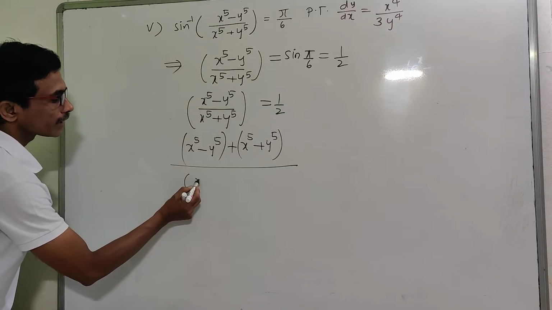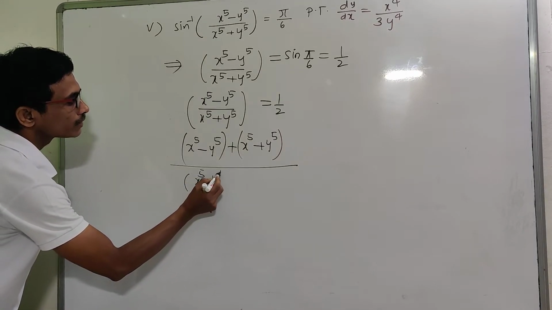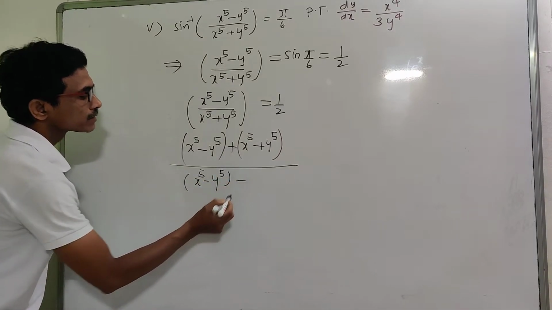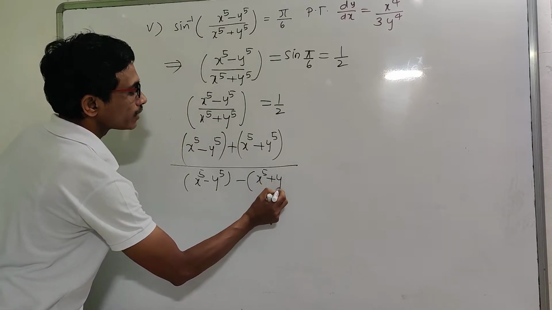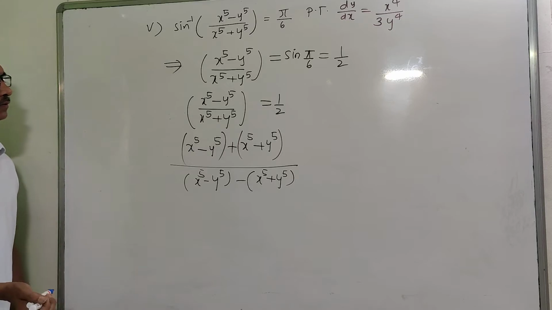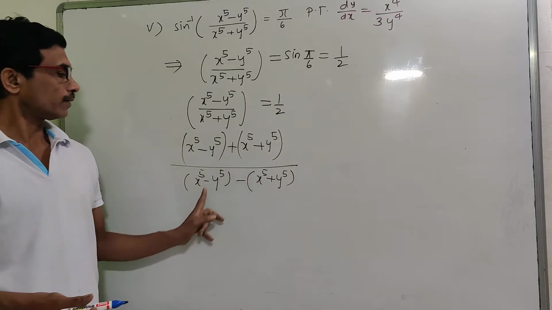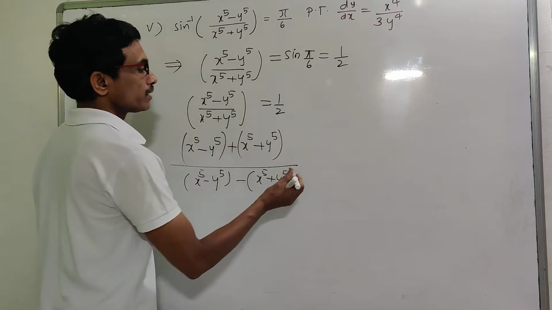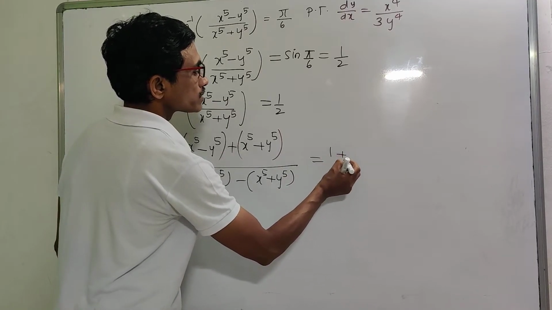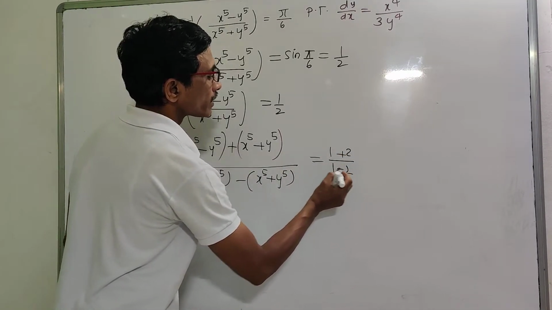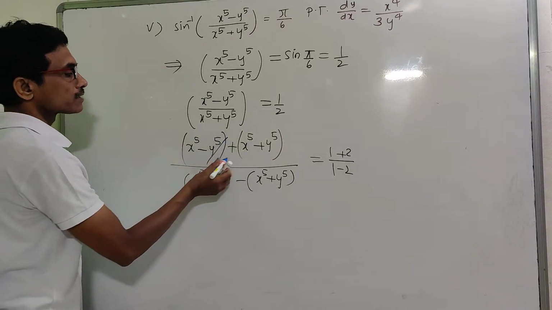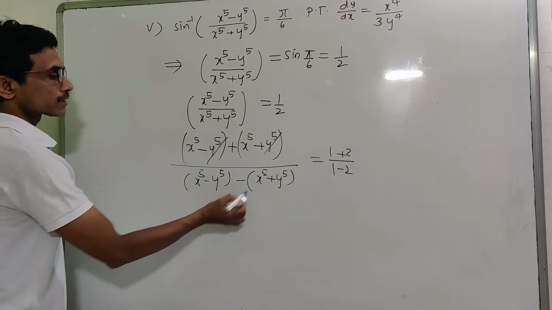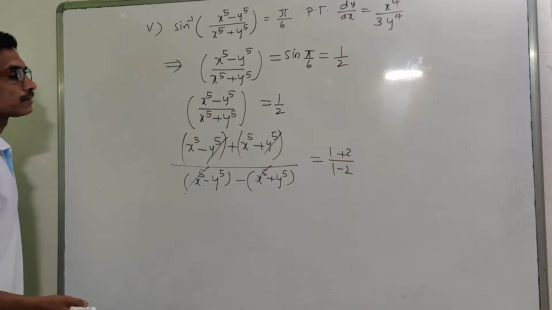x to the power 5 minus y to the power 5 minus x to the power 5 plus y to the power 5. This is a plus b, a minus b. Similarly c plus d, that is 1 plus 2 upon 1 minus 2. y to the power 5 is getting cancelled. Here x to the power 5 is getting cancelled.